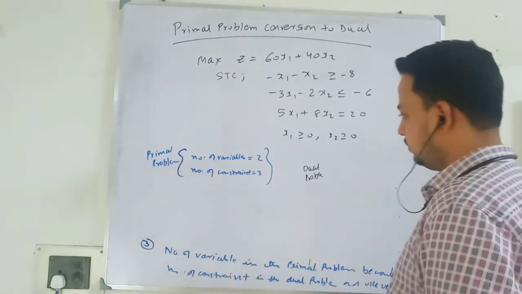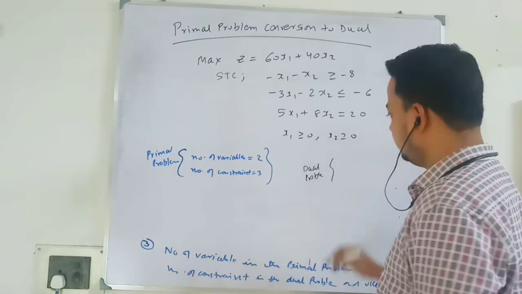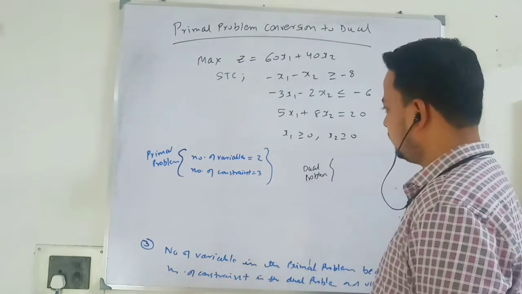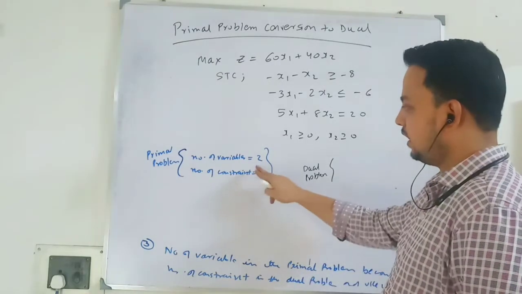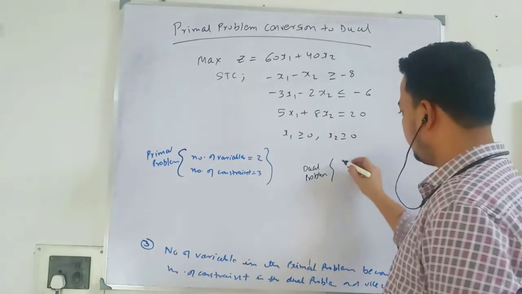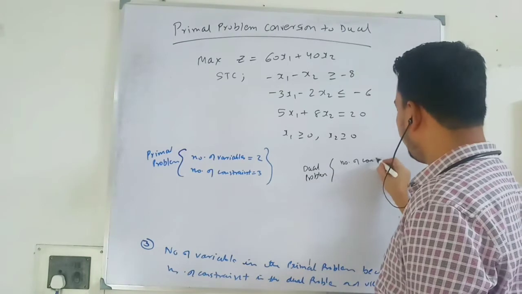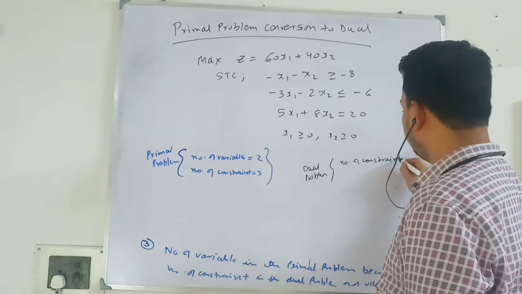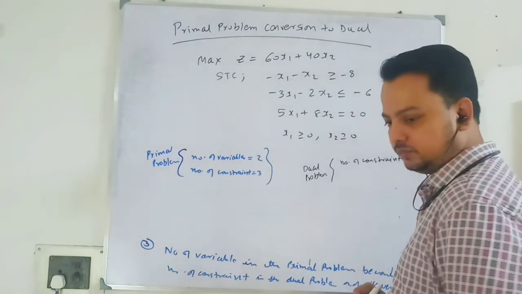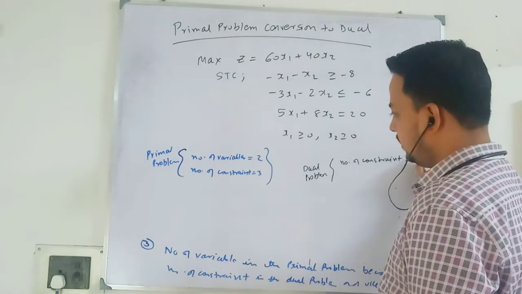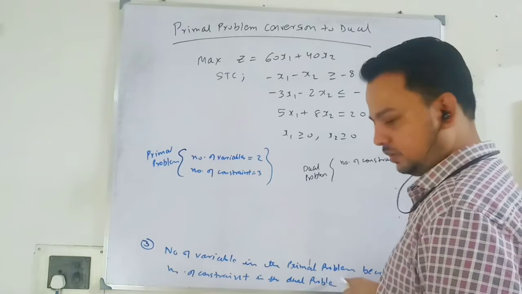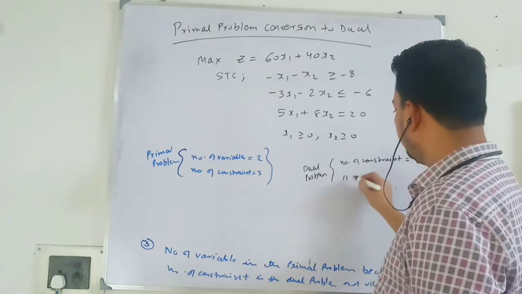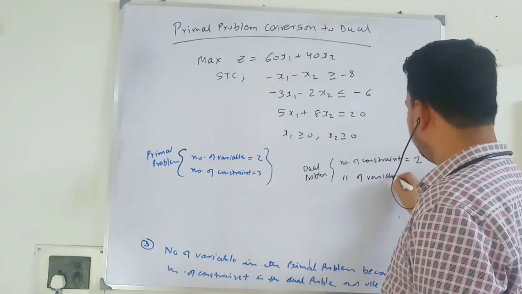It is true both sides. So the number of variables in the primal problem is 2. It becomes the number of constants in the dual problem. The number of constants in the dual problem will be how many? 2. Yes or no? Yeah. And the number of variables will be 3.